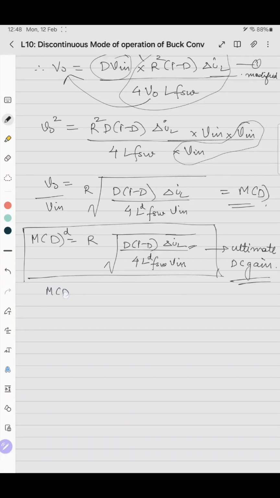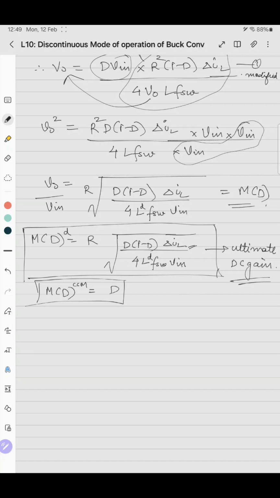And M of D for CCM is what? It is just D. It does not depend on R, the load resistance, or any other thing. As you know, inductance is a function of delta IL. So as inductance changes, delta IL also changes.